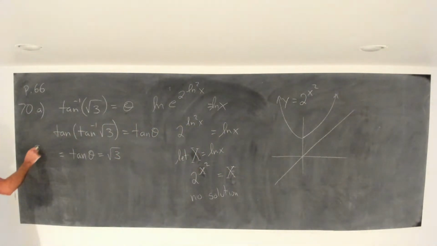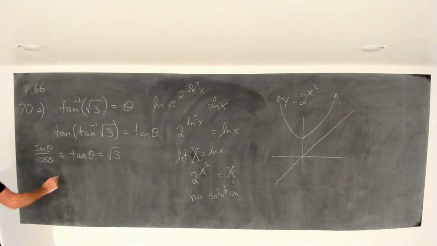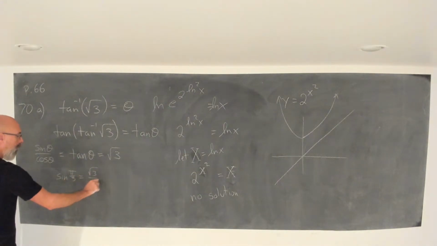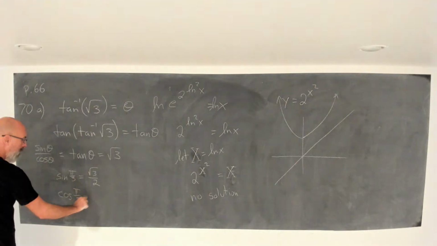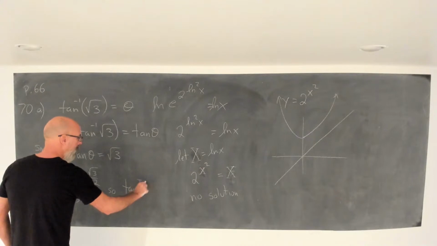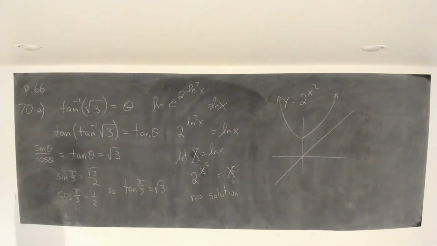Because you know tangent is sine over cosine. And you know that sine of pi over 3 is root 3 over 2. You know that cosine of pi over 3 is 1/2. So tangent of pi over 3 is root 3 over 2 over 1/2, which is root 3.